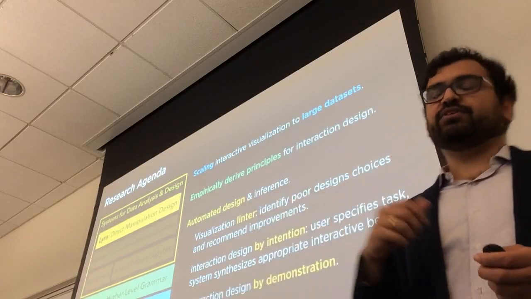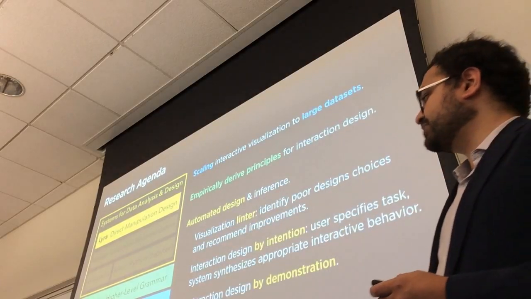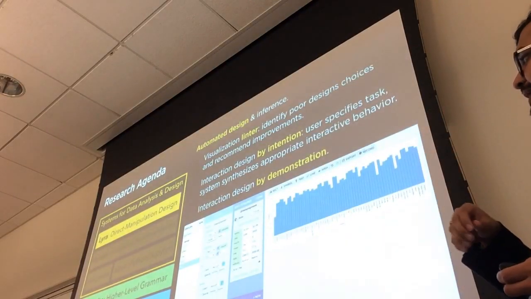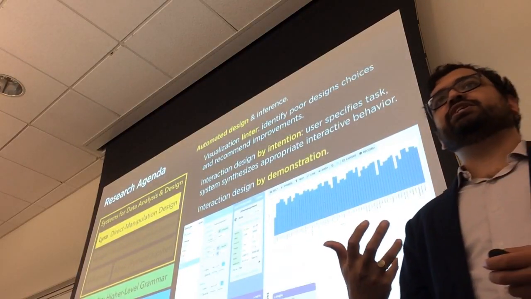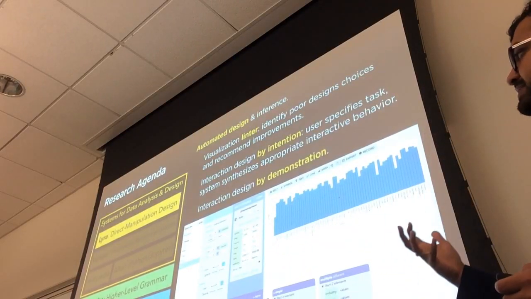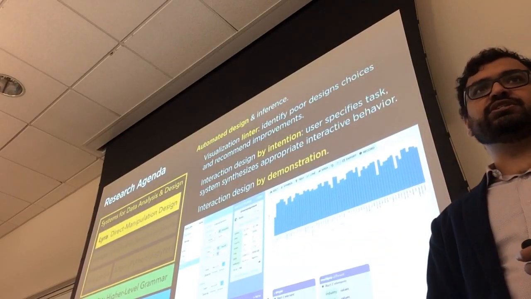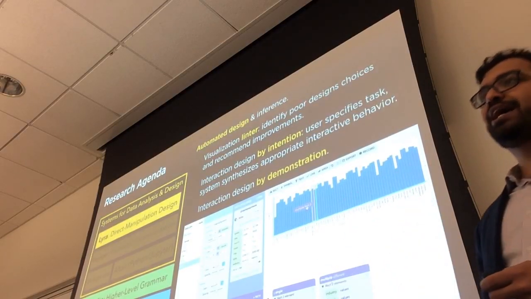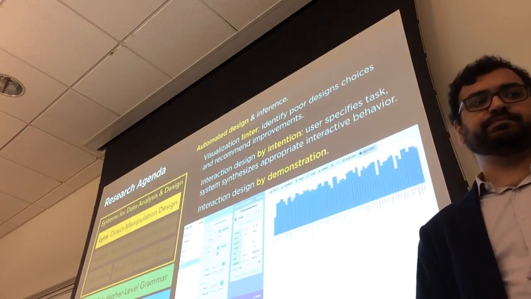And to get at that, we've also been looking at how we might do interaction design by demonstration in Lyra. So could we hit a record button, and on the first click, Lyra suggests a single selection. And on additional clicks, it might suggest either a multi-selection or selection transformations that I could apply. And then I could just treat those as data fields and drag and drop them onto my visualization.